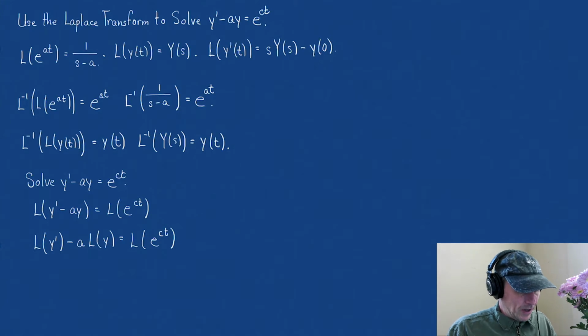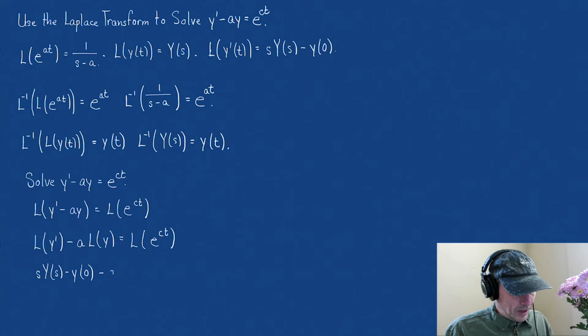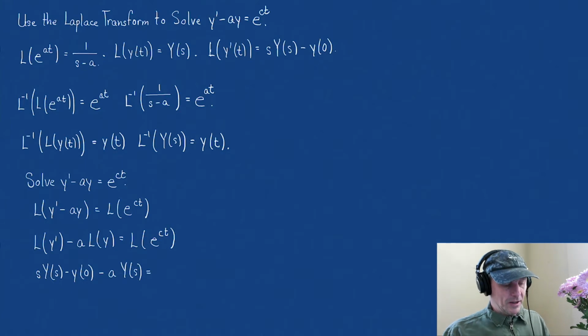On the left, I have the Laplace of y prime, that's s capital Y of s minus y of 0, minus a times the Laplace of y, that's just capital Y of s. And this is going to equal the Laplace transform of e to the ct. We did one for e to the at.